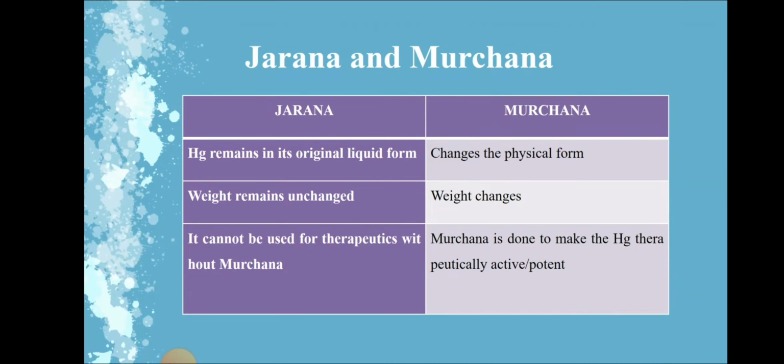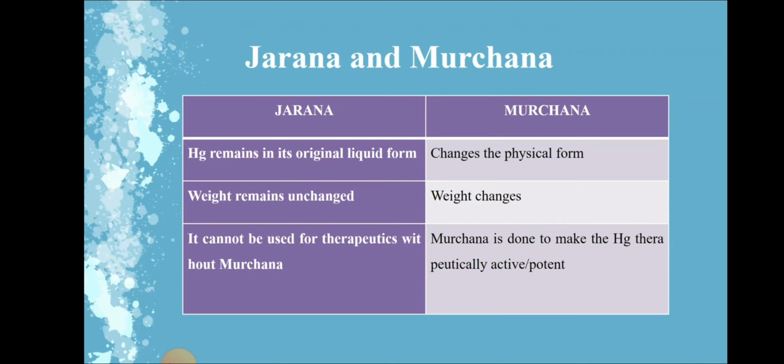So you cannot recover the mercury from the murchita yoga. Weight remains unchanged in Jarana, whereas in Murchana the weight changes, as the weight of the added materials is included after the process. And Jarana cannot be used for therapeutics without Murchana. That is the importance of Murchana.